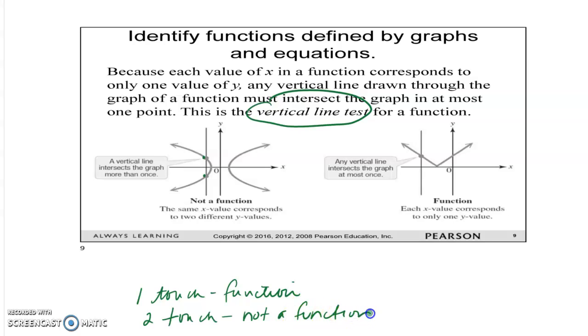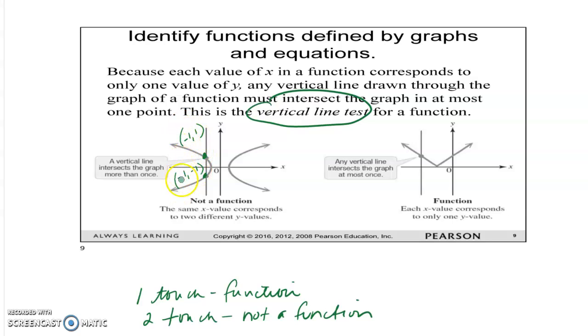Well, let's see why that makes sense. So here's my coordinate plane. Here's my graph. When I drew the vertical line test here, it touched here and here. Well, this point's about negative 1, 1. This point's about negative 1, negative 1.